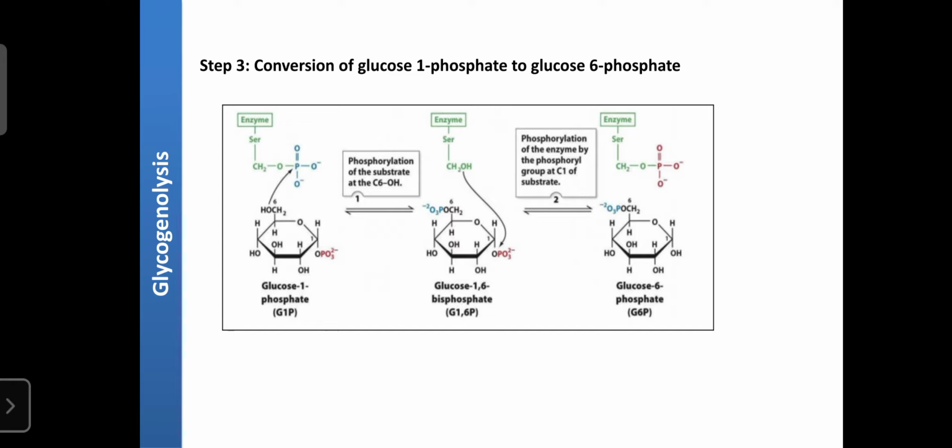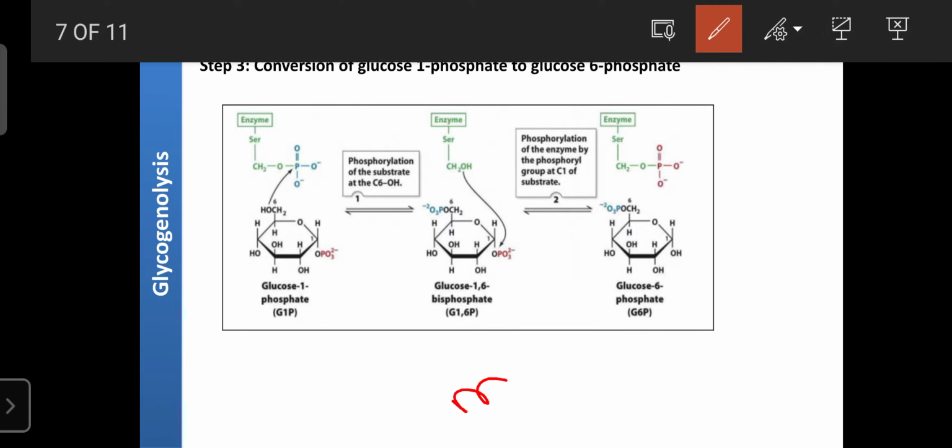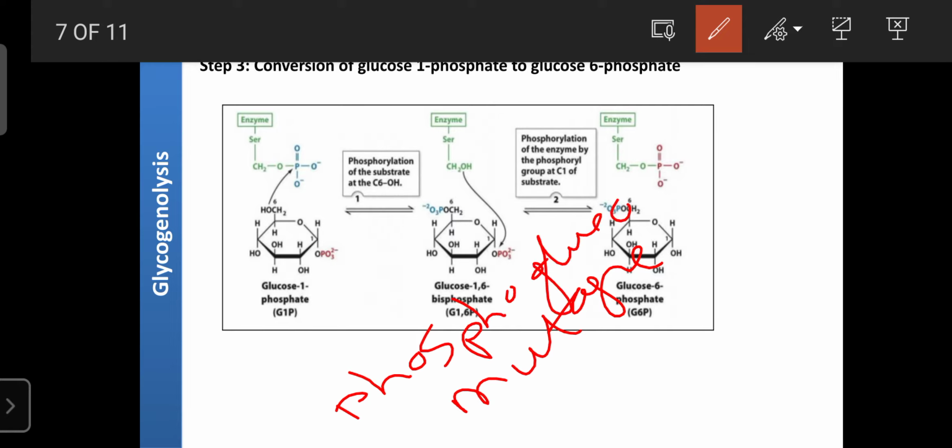And step 3, that is the conversion of glucose 1 phosphate to glucose 6 phosphate. These reactions are regulated by the enzyme phosphoglucomutase. Phosphoglucomutase is another enzyme, our third enzyme under glycogenolysis.